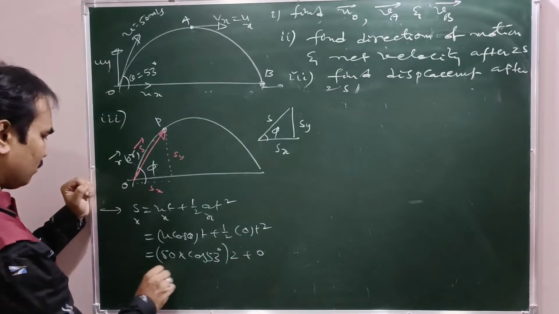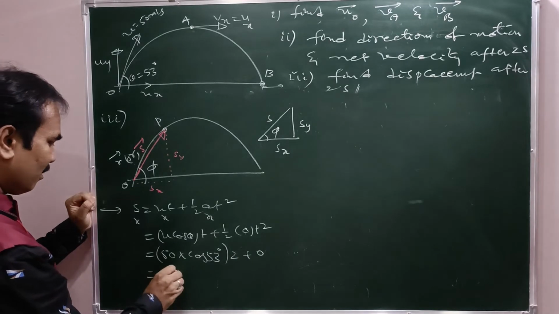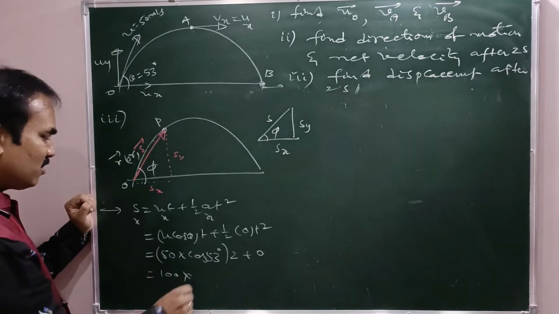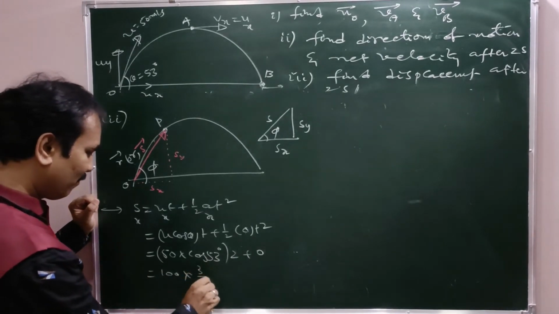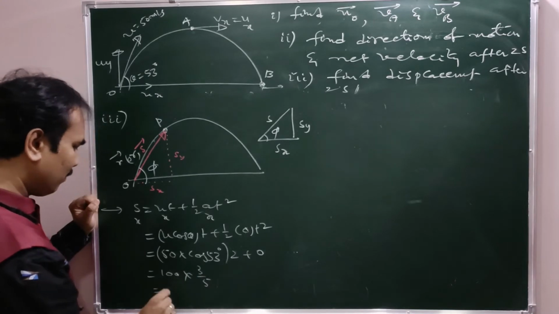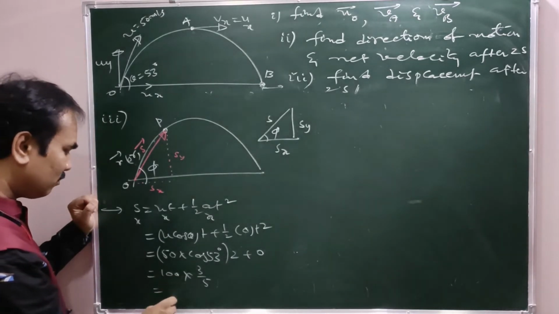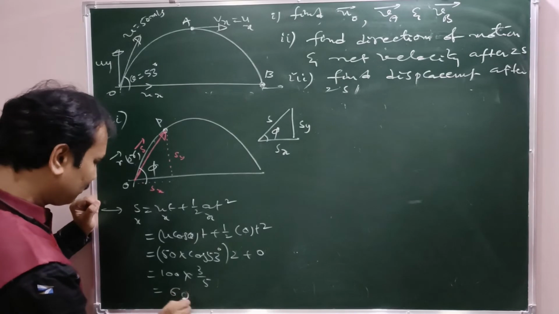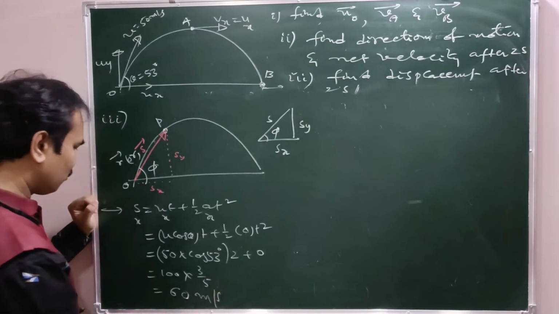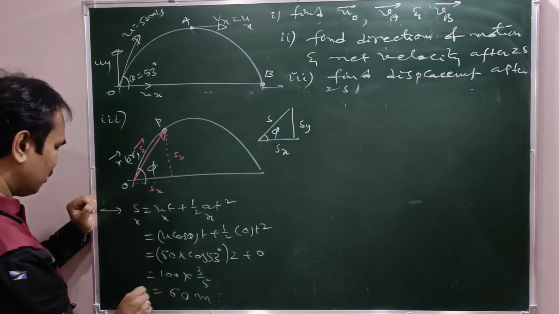That is 2 into 50, 100. Cos 53 means 3 by 5. 100 by 5 is 20. 20 into 3 means 60 meters. Sx is 60 meters.